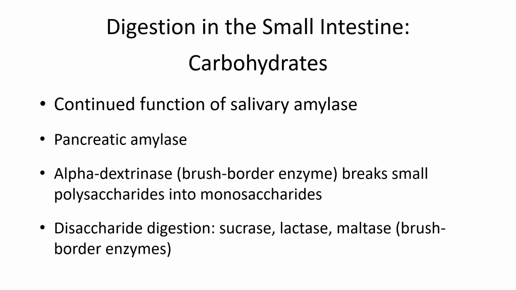And typically they're broken down into disaccharides. Small polysaccharides and disaccharides are going to be broken down into monosaccharides within the brush border. So we have enzymes that are embedded within that glycocalyx or attached to the microvilli that will finish the job.